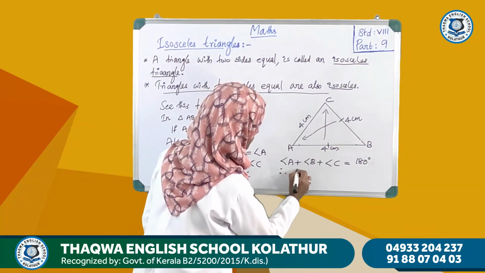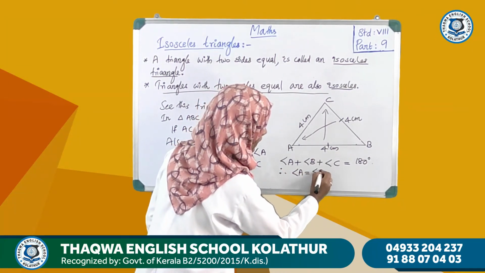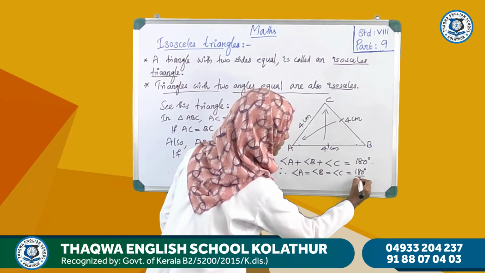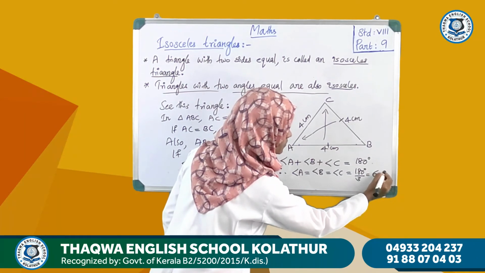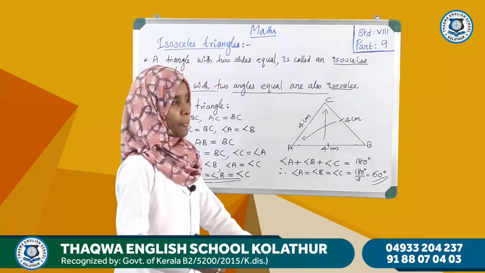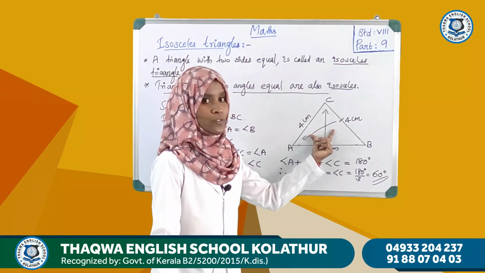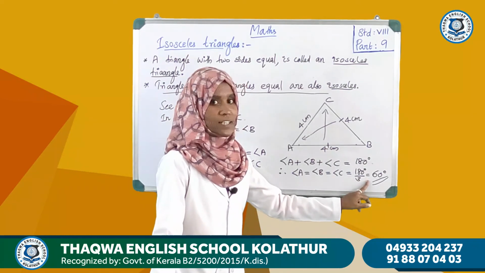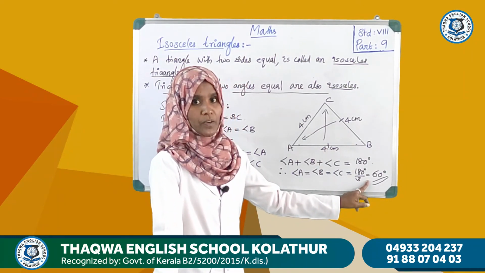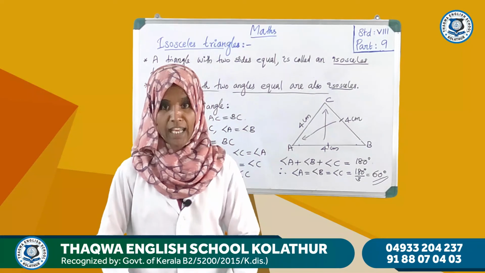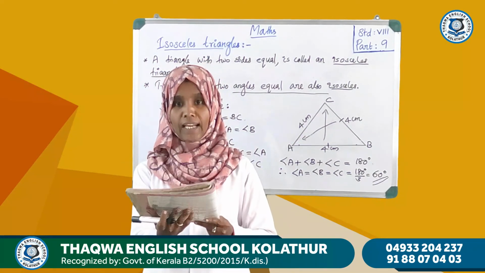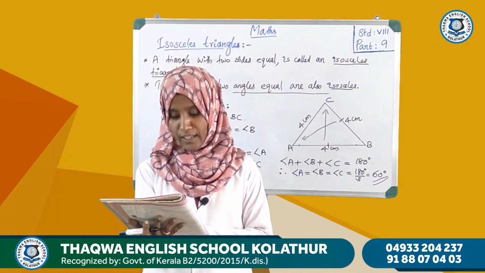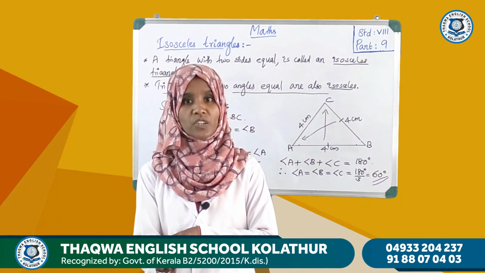Therefore, angle A equals angle B equals angle C equals 180 by 3, that is 60 degrees. So if the three sides of a triangle are equal, then their angles are 60 degrees. Or we can say that in any equilateral triangle, all angles are 60 degrees.